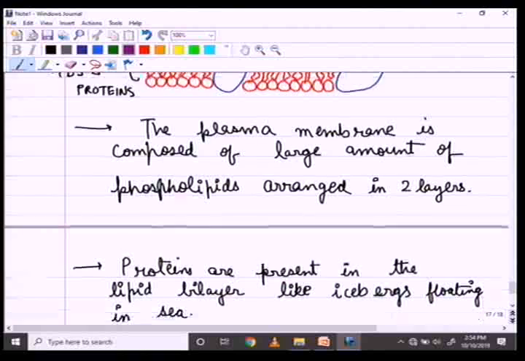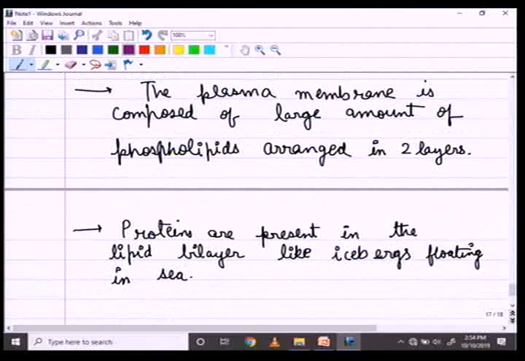So the plasma membrane has two layers, and proteins and lipids both are associated with carbohydrate structures. These are called glycolipids and glycoproteins. These function as receptors.